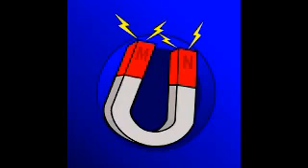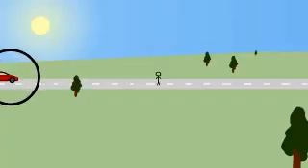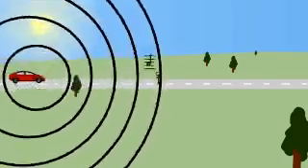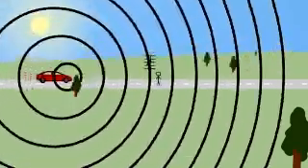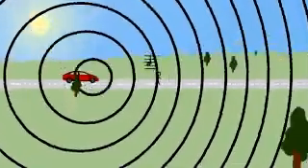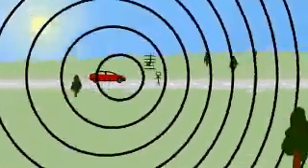In front of the car it sounds a lot higher, it has a higher pitch, while at the back it has a lower pitch. Why is that? Well, if a source of a sound wave is moving, the front of that sound wave in which it's moving will have a higher frequency, while the back will have a lower frequency. So in this case, the front of the car has a higher frequency, that's why you hear a higher pitch, and the back of the car has a lower frequency, so you hear a lower pitch.